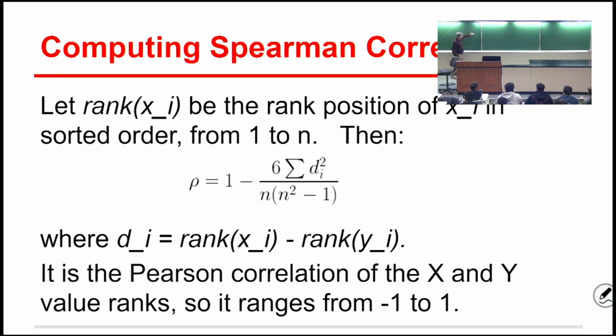Now suppose I randomly permute the GPAs. You ranked 63rd in your class. What do we think that your random permuted GPA should be? What do you think the rank of it should be on average, in expectation? Does anybody have any idea?